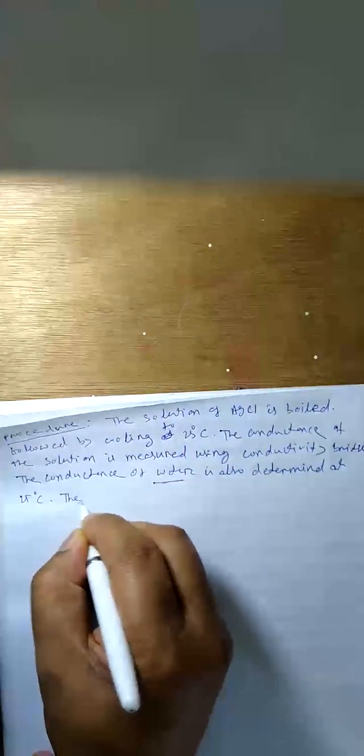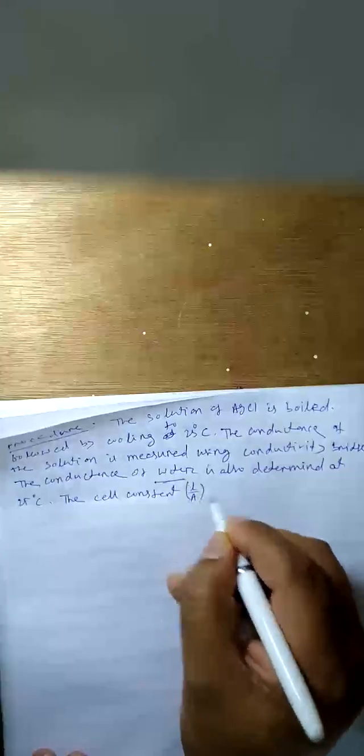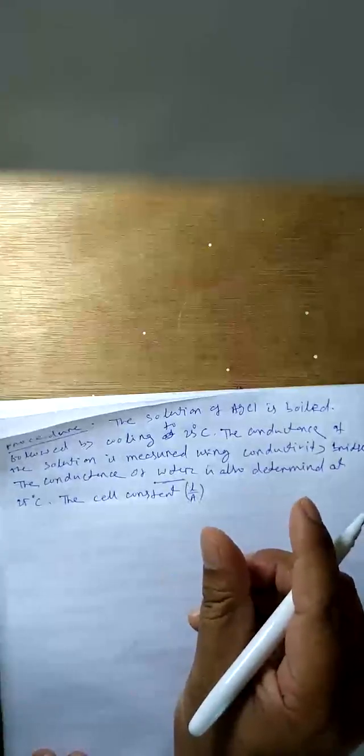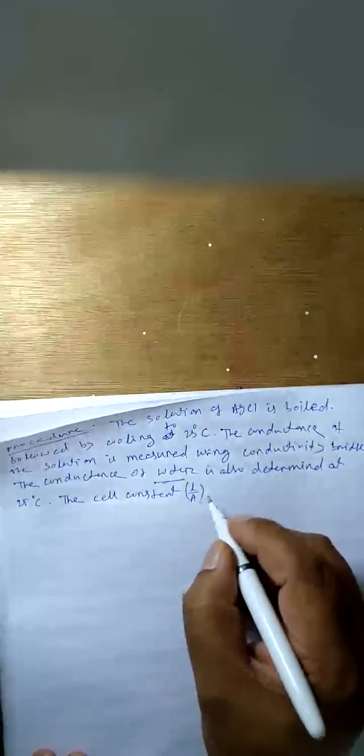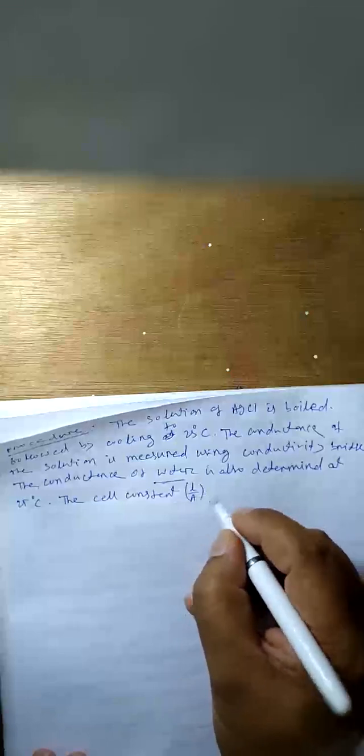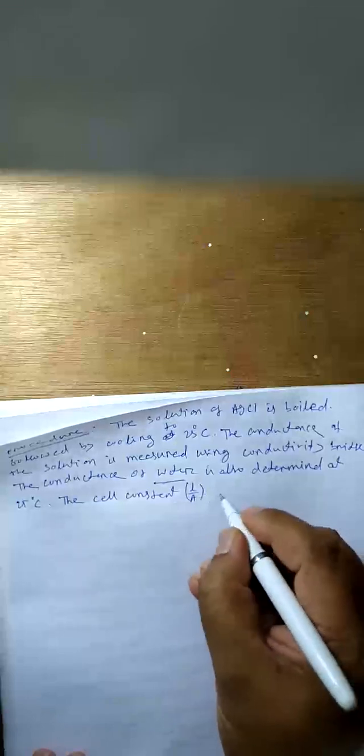The cell constant means L by A: L is the length of separation between the anode and cathode, and A is the area of one of the electrodes. Both electrodes should have the same area. This cell constant L by A is also determined. It is a constant.